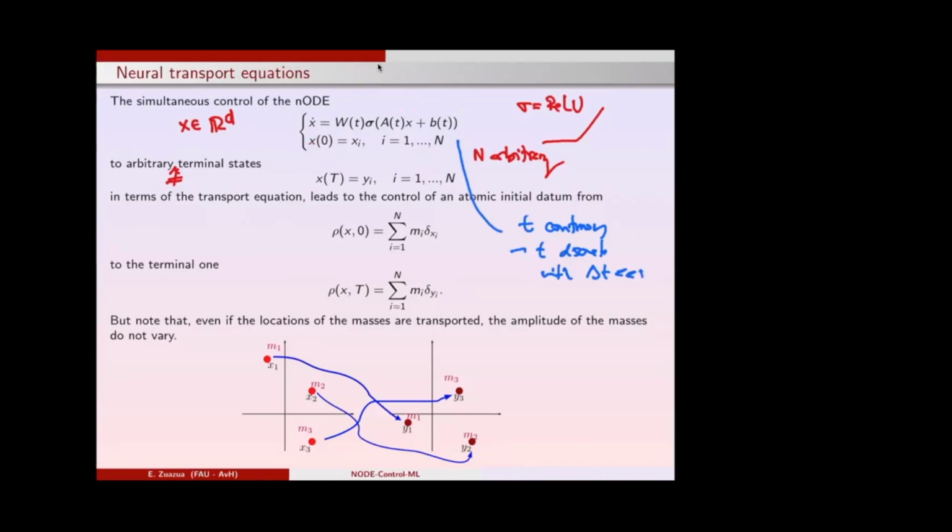I will know that whatever I can do here exactly for the deep discrete neural network, for the ResNet, the residual network, I will be able to do in an approximate manner. And as I said, approximate controllability is more than sufficient to achieve classification.